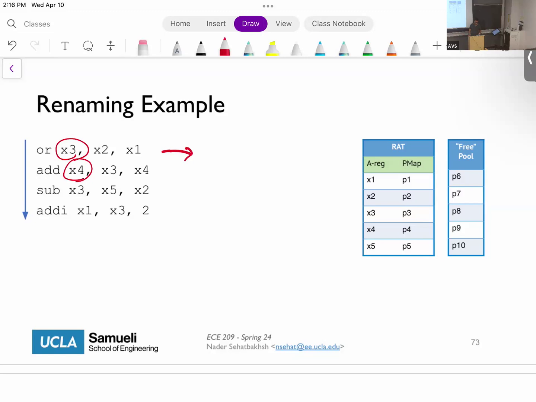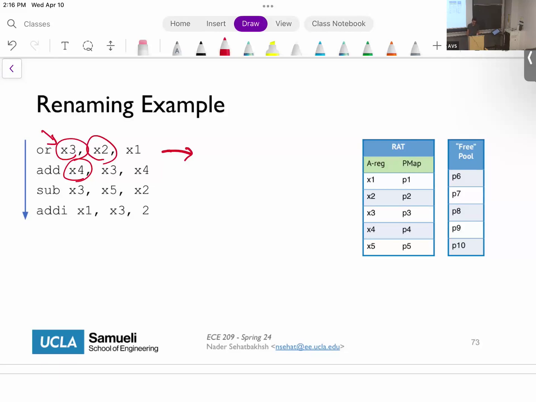So whenever we see a new destination register, when something needs to be written to the register, we change the number and assign a new number. This way we eliminate the need for write after write or write after read dependencies. For the source registers, there is no need to change anything, so we keep using them.